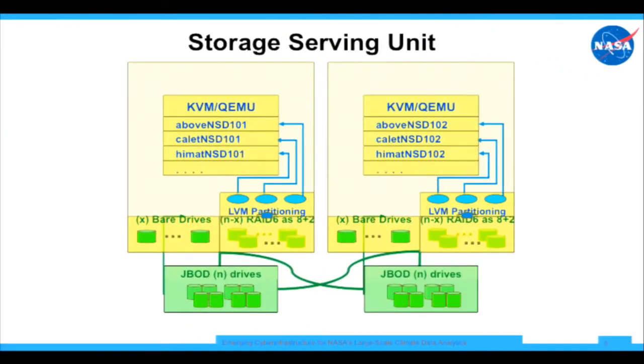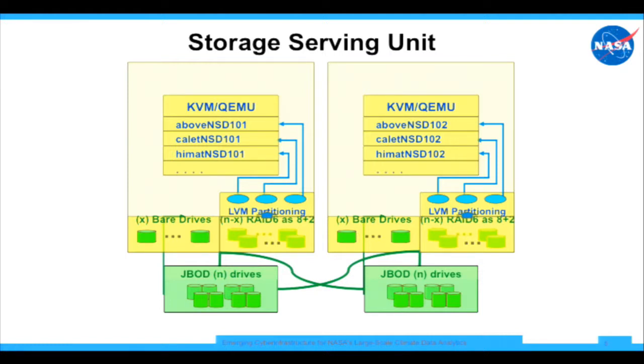So here we have two what I'll call storage hypervisors, each with cross-connected JBODs. Now, some of the JBOD drives are just left as bare drives, and others are assembled into RAID 6s.